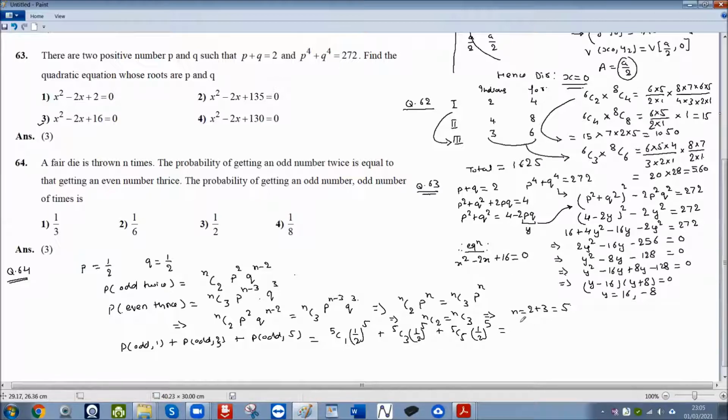So 5C1 plus 5C3 plus 5C5, 1 by 2 raised to the power 5.